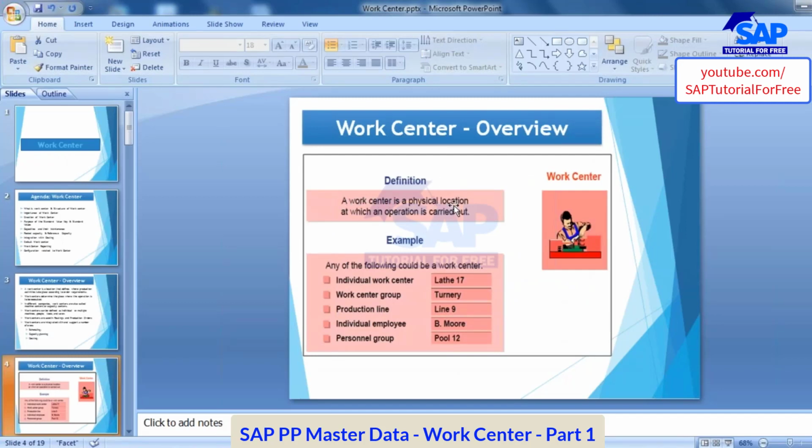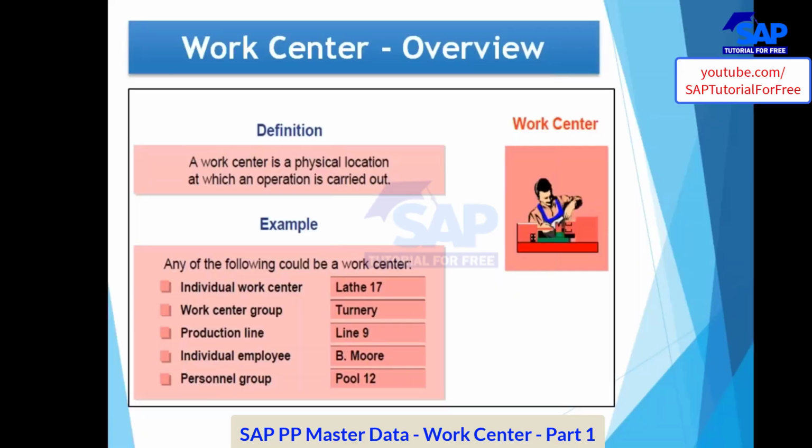A work center is a physical location at which an operation is carried out. A work center can be anything. It can be an individual work center, like an individual machine, or some group of machines. Or an entire production line can also be termed a work center. An individual employee, sometimes a single labor, can also be created as a work center, or sometimes a group of employees.